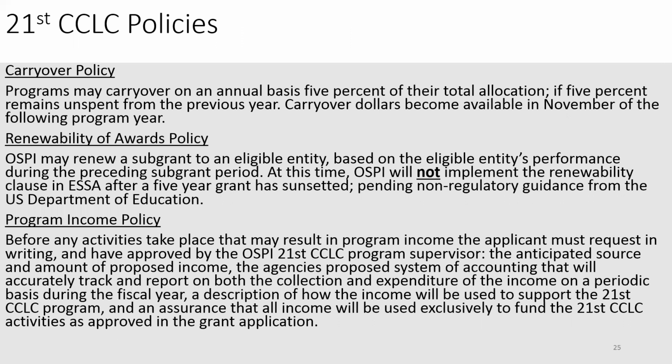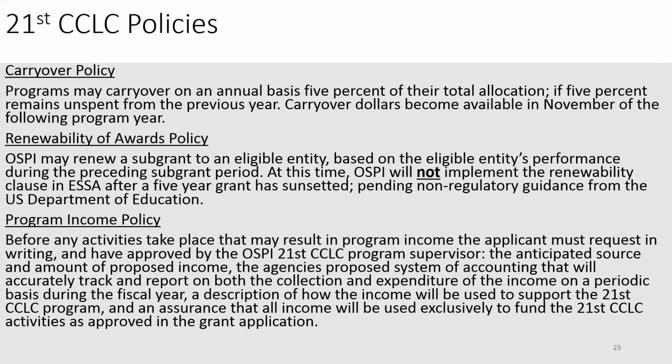So the 21st Century policies, these are kind of a mix between federal policies and state policies. The first one, the carryover policy, is something that we needed to put in writing.